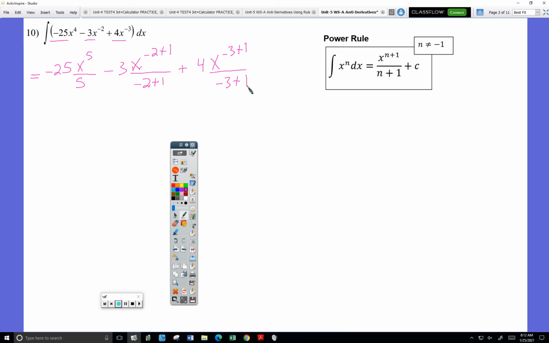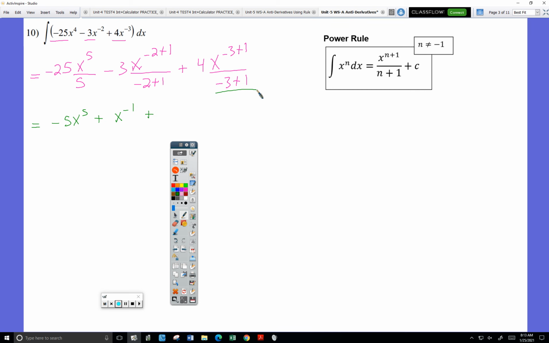Cool. Now it's just a matter of cleaning it up. 25 divided by 5, so you get negative 5x to the 5th. Minus. Negative 2 plus 1 is negative 1. So negative 3 divided by negative 1 is a positive 1. This would be x to the negative 1 power.